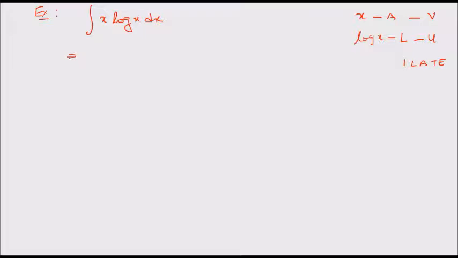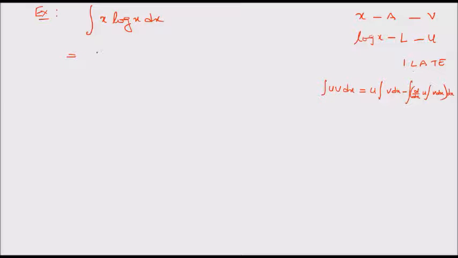So opening it with respect to that, again I will quote the integration by parts formula. Integration of uv dx is u integration of v dx minus d by dx of u, integration of v dx, whole dx.